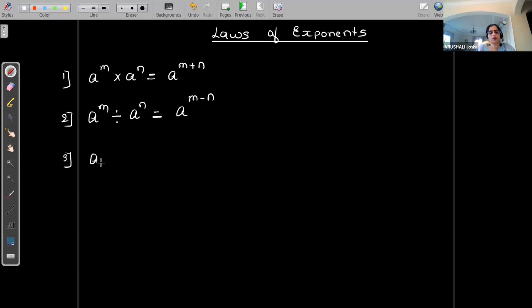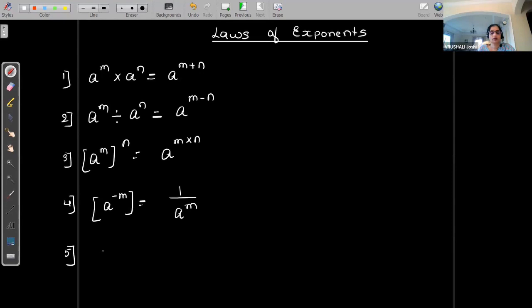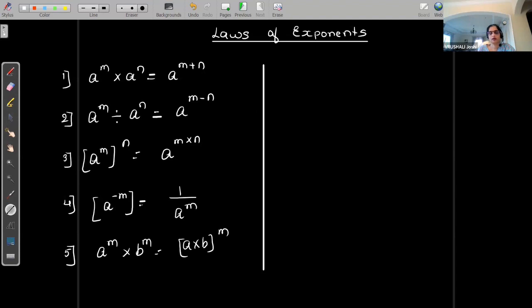Then a to the power m, the whole raised to n, is equal to a to the power m into n. Then a to the power minus m is equal to 1 by a to the power m. Then a to the power m into b to the power m is equal to a into b, the whole to the power m. Are we clear, guys?